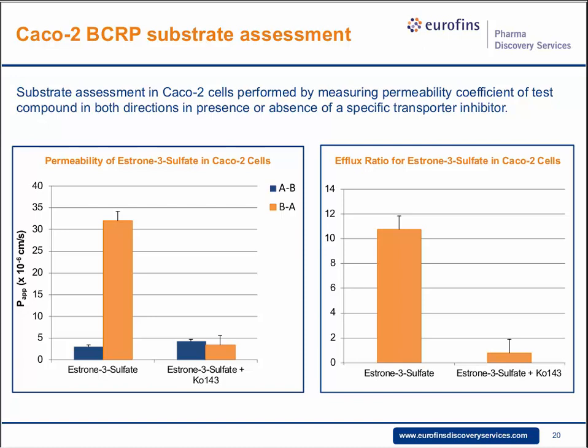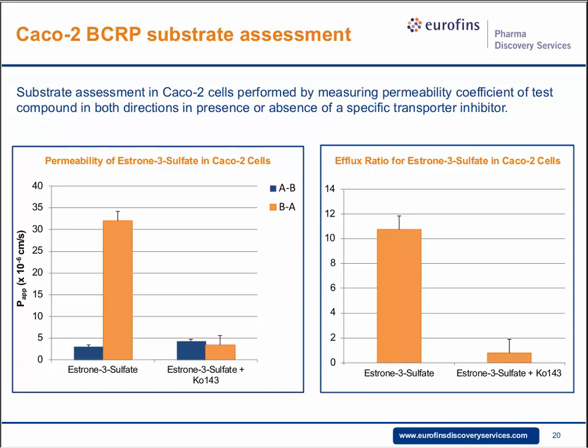In this case, we are looking at the drug estrone sulfate, which is a BCRP substrate. And the plot on the left shows that in the absence of inhibitor, the permeability of estrone sulfate in the B to A direction is much higher than in the A to B direction, indicating that there is active efflux taking place.